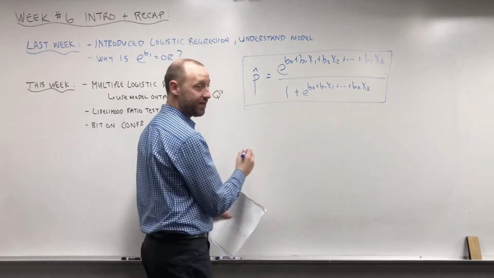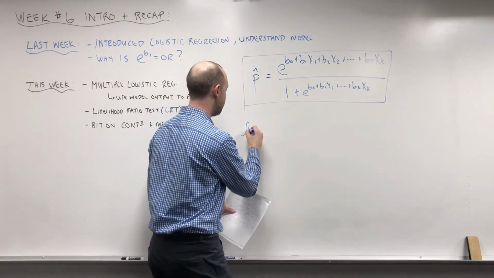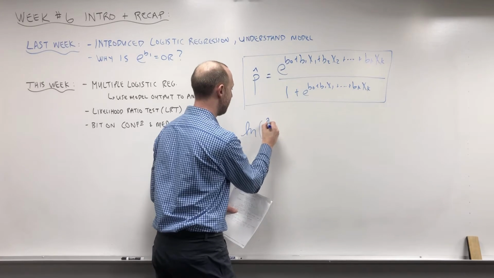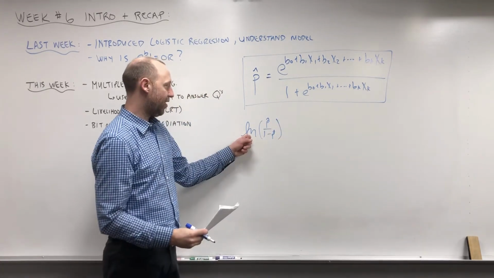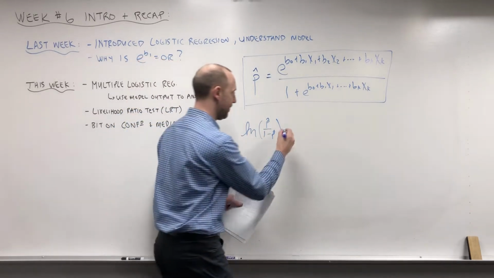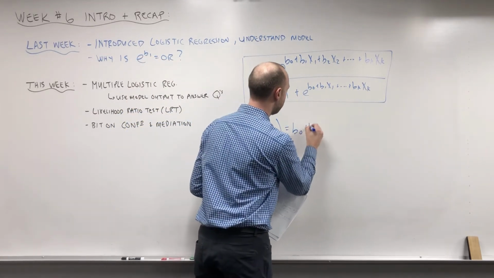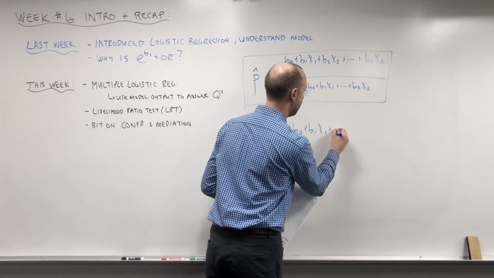And we also said we can think of this as modeling on the scale of the log of the odds of the outcome. So rather than the probability of disease, the log of the odds of the disease as a linear function of the x variables.